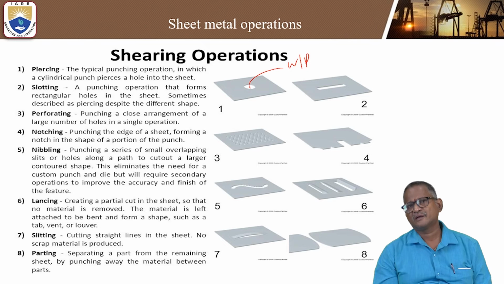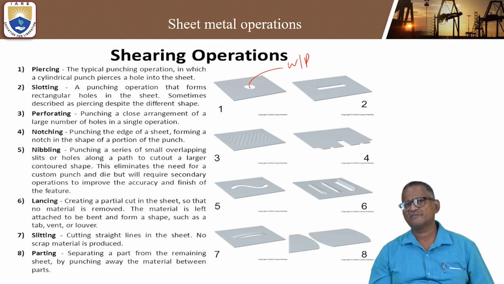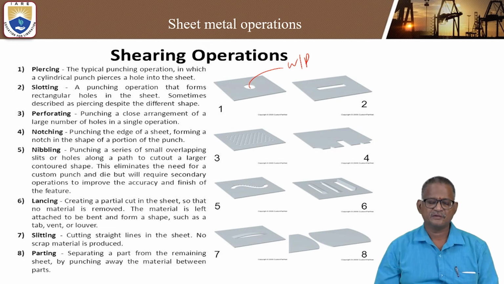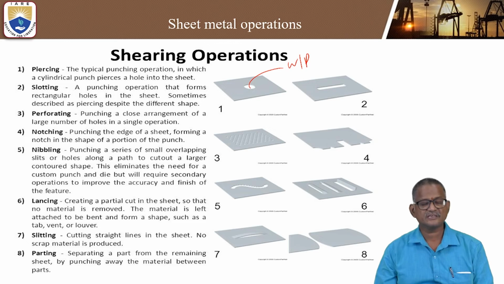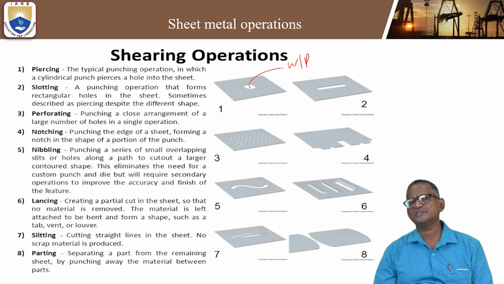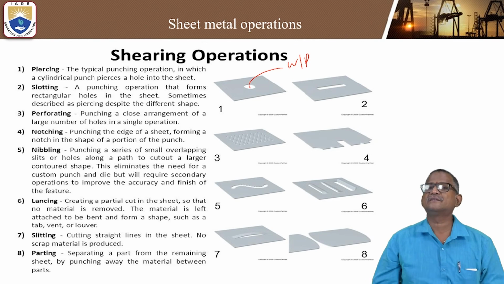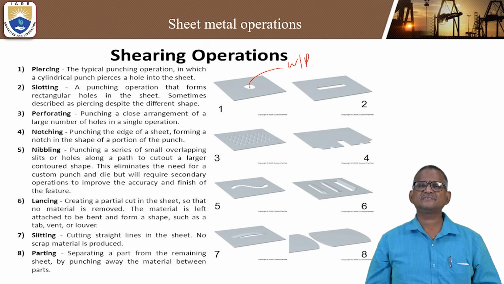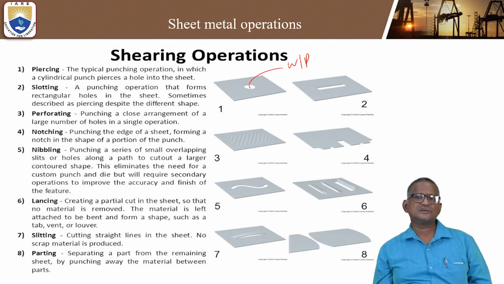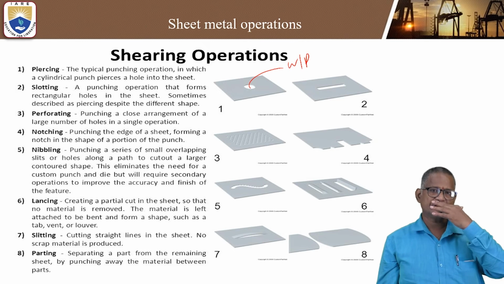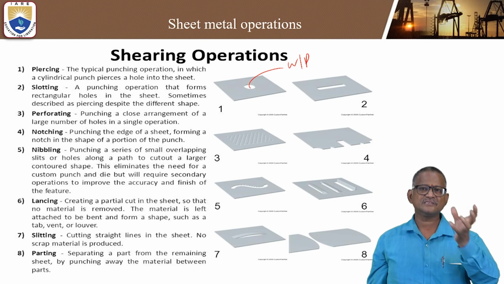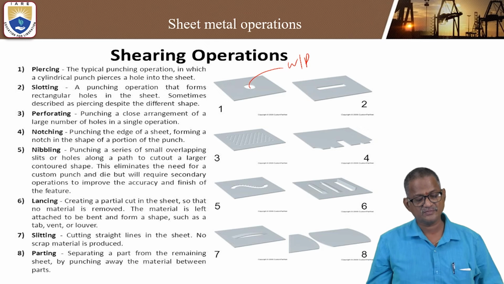Similarly, a number of types of shearing operations are available in the mechanical engineering manufacturing technology subject. Slotting removes the metal easily. Okay, a punching operation that forms rectangular holes, or sometimes described under piercing in different shapes and sizes.